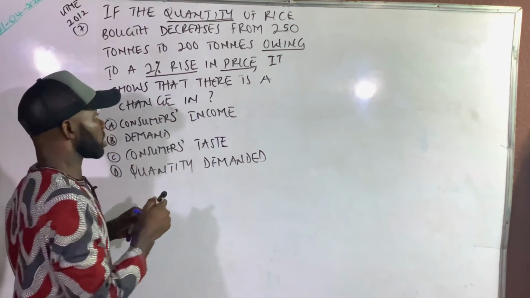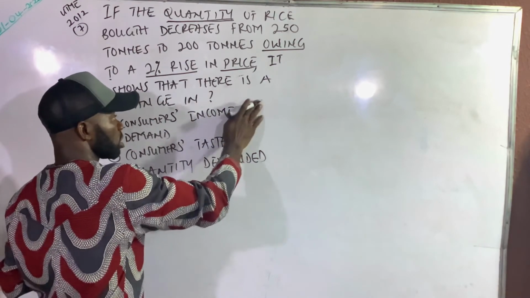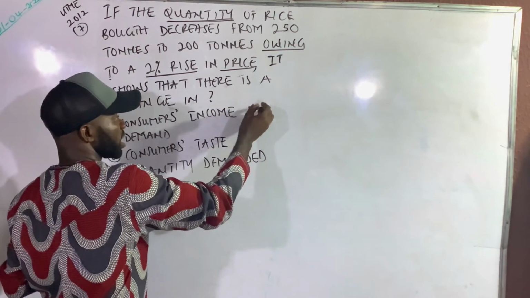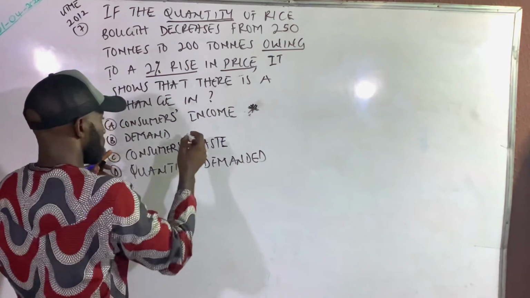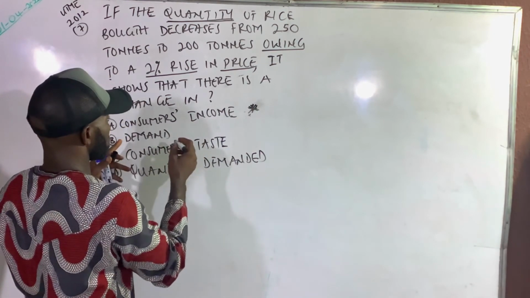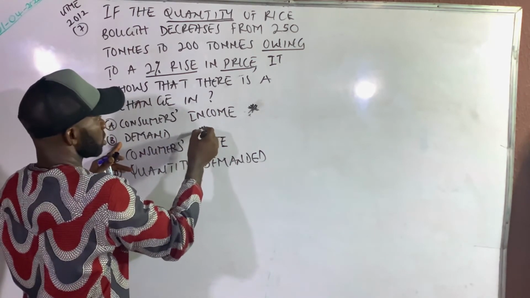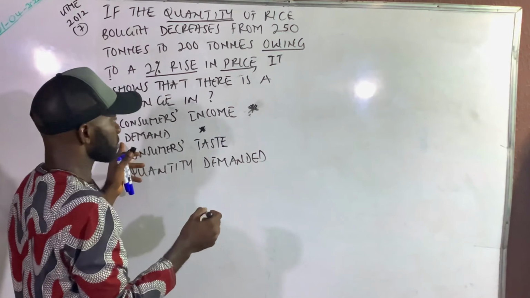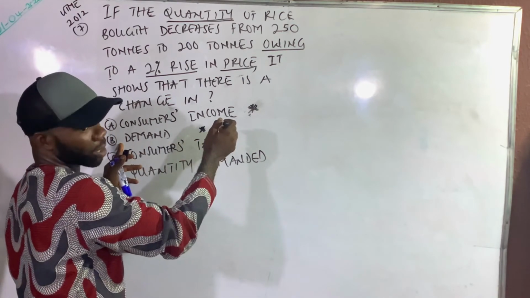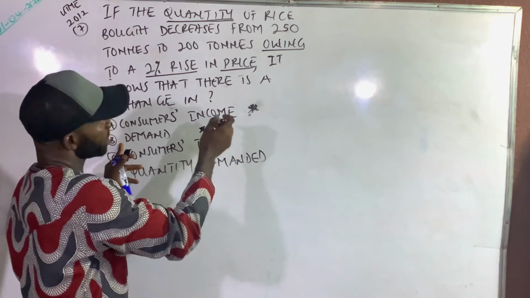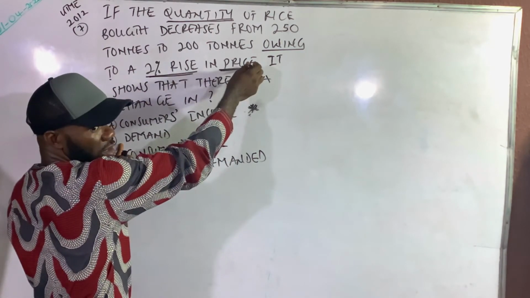Using the elimination method, you know consumers' income cannot fall in because consumers' income is another factor affecting demand. Demand cannot be answered because change in demand is determined by other factors, not price. Price is what is the determinant here.